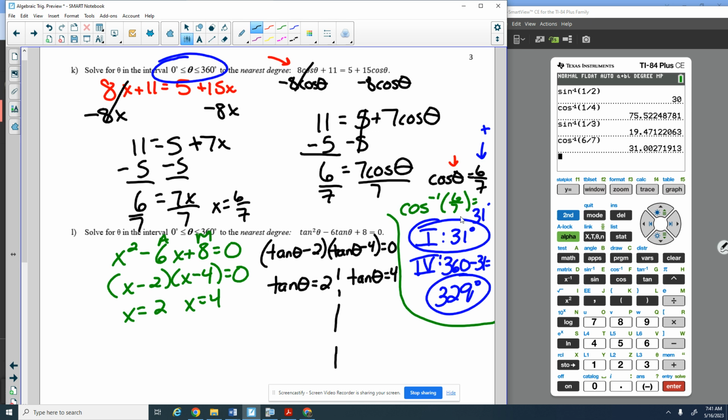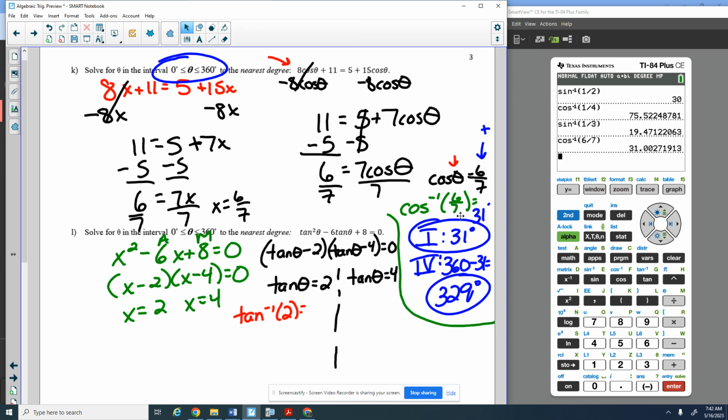Once again, we're not done because we're trying to solve for theta. Each of my equations, since we now have 2 equations, is going to give me 2 answers. So I'm actually going to end up with 4 different answers. I'm going to do tangent inverse. We'll start with this one. And they work separately. So I'm going to think about ASTC separately for each one. In this case, they're both positive, but I could have one positive and one negative.